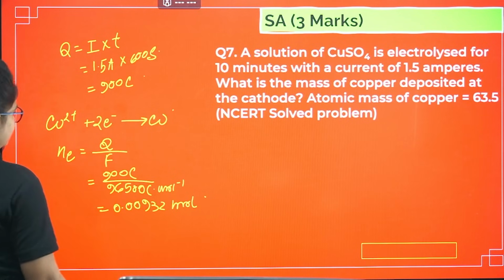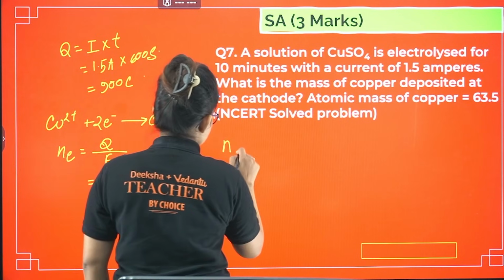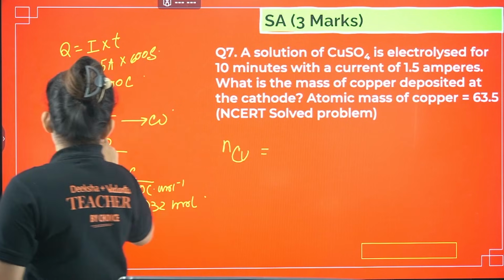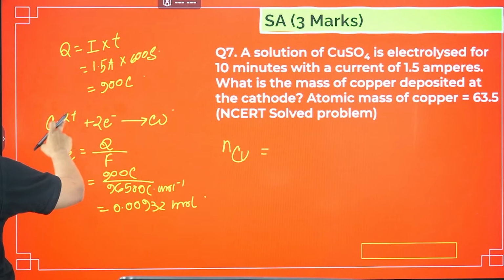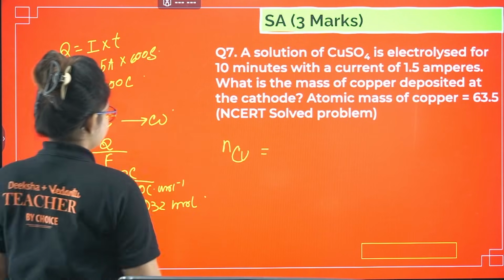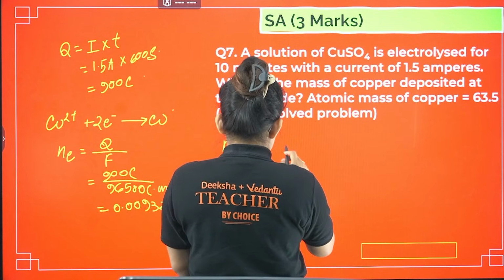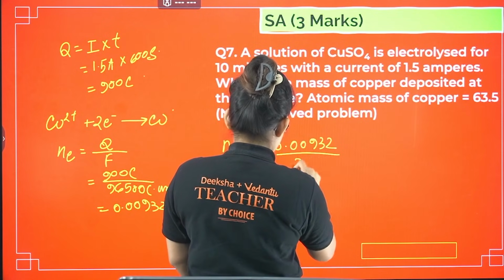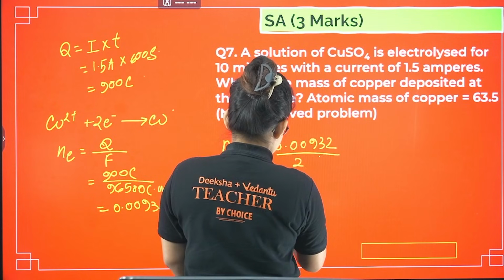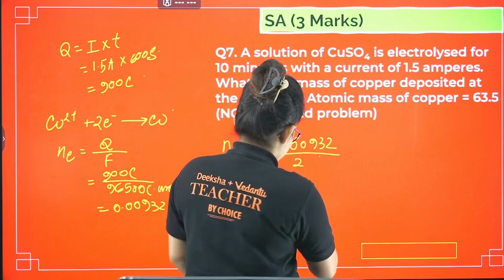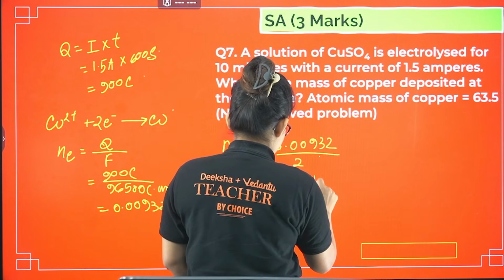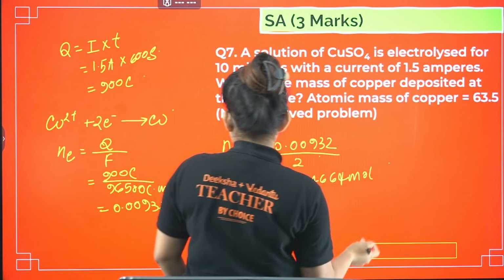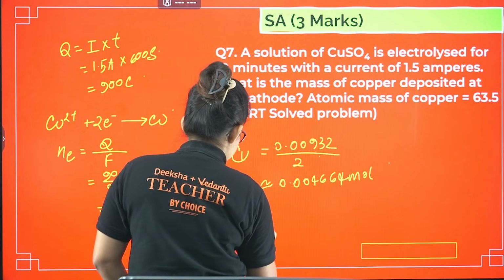Now number of moles of copper I have to find out. If 1 mole of Cu2+ requires 2 moles of electrons, so number of moles of Cu must be 0.00932 divided by 2, which is 0.00464 mole.